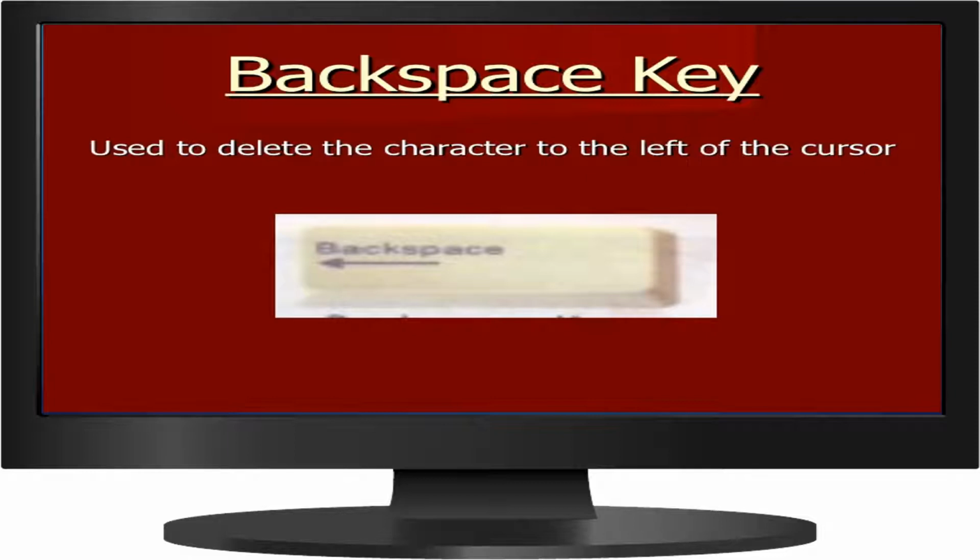You can use the backspace key to delete those characters and then you can type the correct ones. When you use the backspace key to erase the characters, it will erase the characters to the left of the cursor. Wherever your cursor is, all the characters to the left of the cursor will be deleted when you use the backspace key.